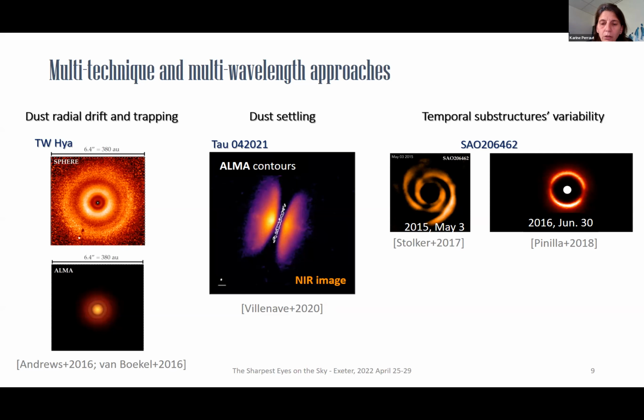Another comparison, in the middle here, is between the large extended outer disk coming from the SPHERE image in color, which can be compared with the ALMA contours in white, that is very compact and traces the midplane.